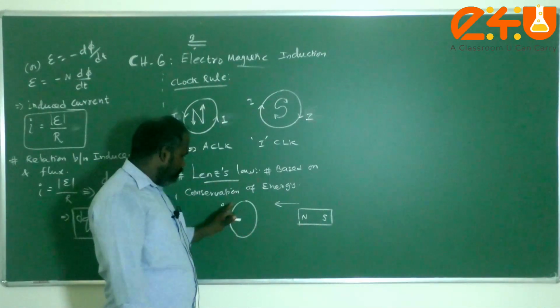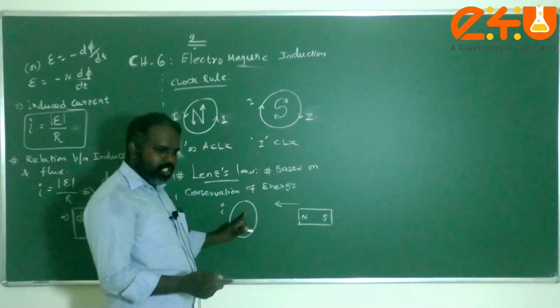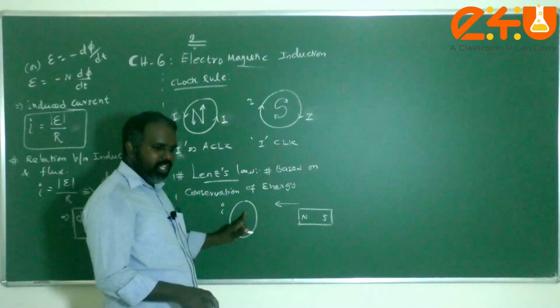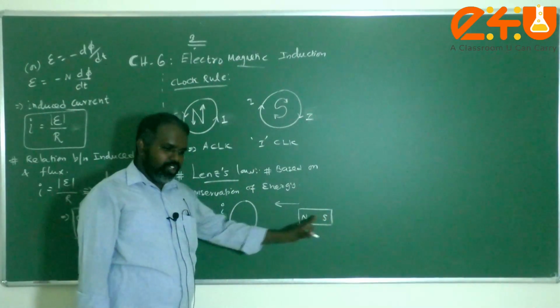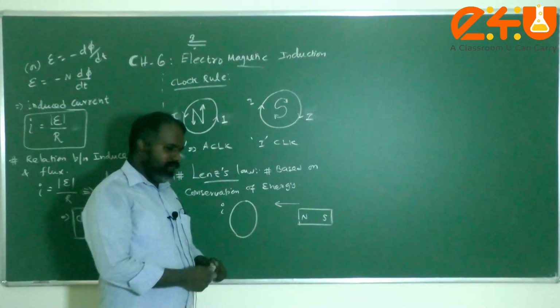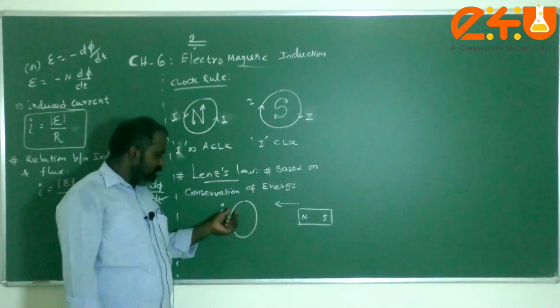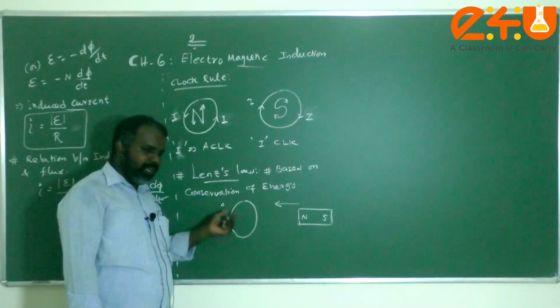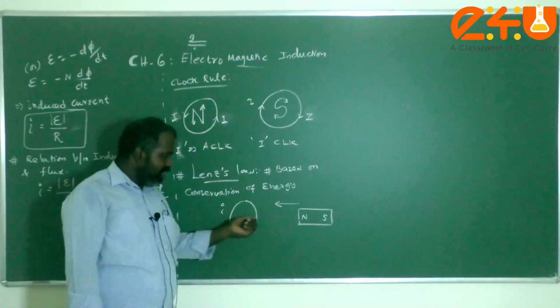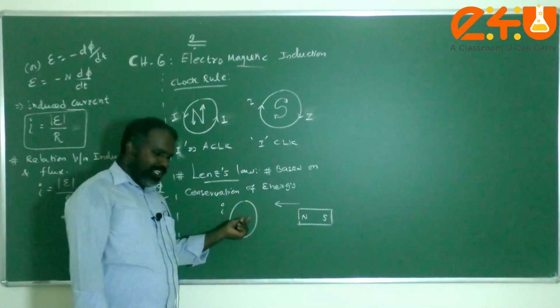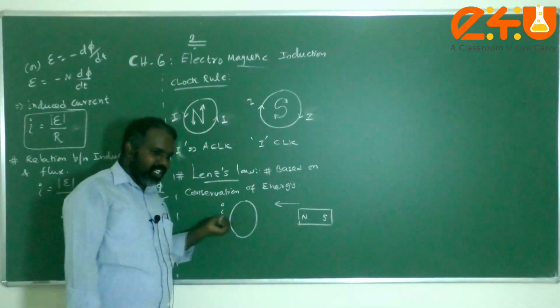One is that this induced current produces its own magnetic field which supports the motion of the bar magnet. That means if the magnet's north pole approaches, the coil face should be a south pole, then only there will be attraction.